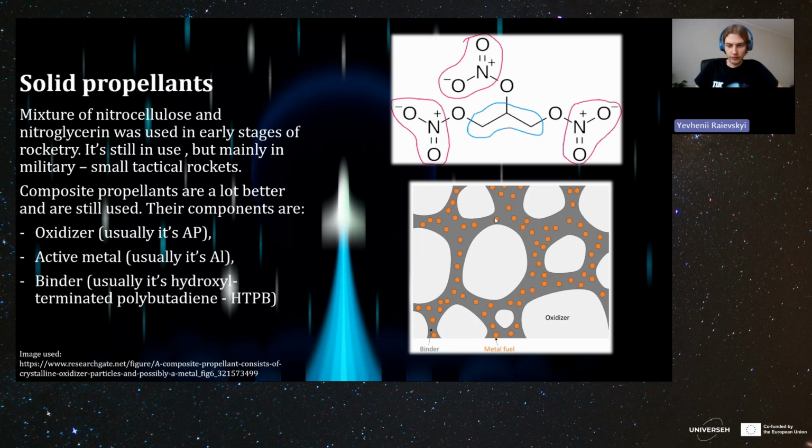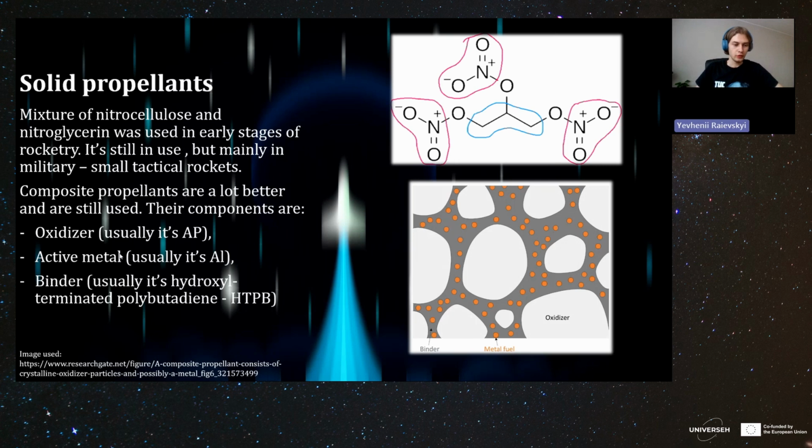So what do those circles mean? APCP includes in itself an oxidizer. This oxidizer is ammonium perchlorate, NH4ClO4 molecules. And those are the oxidizer, because chlorine has a very high oxidation number, and this is why it causes very spectacular reactions.